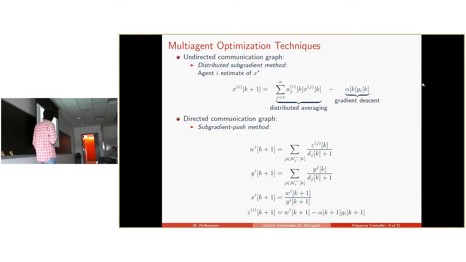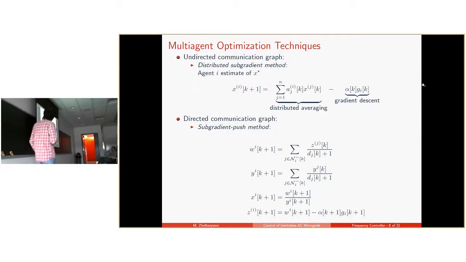For an undirected communication graph, where the communication links are bidirectional, one approach would be to use the distributed subgradient method. In the distributed subgradient method, agent i needs to execute this iteration, where the first term is the distributed averaging term, in which each node i is computing a weighted average of its own estimate and the estimates of its neighbors.